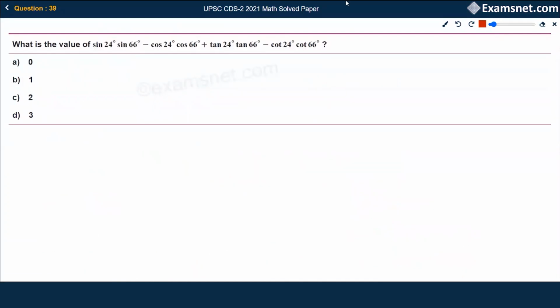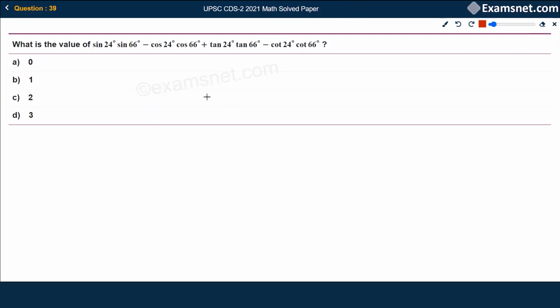In question number 39, it is given: what is the value of sin 24 degree sin 66 degree minus cos 24 degree cos 66 degree plus tan 24 degree tan 66 degree minus cot 24 degree cot 66 degree?